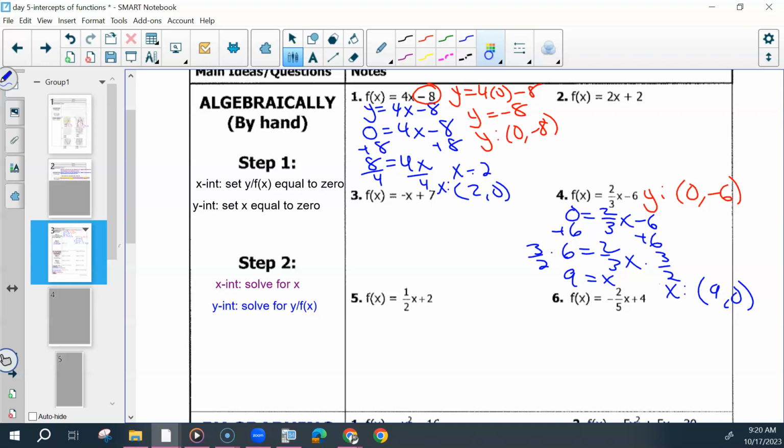Do we have any questions on number 4? Or other questions on 1 through 6 that we want to see you go over and have questions about?